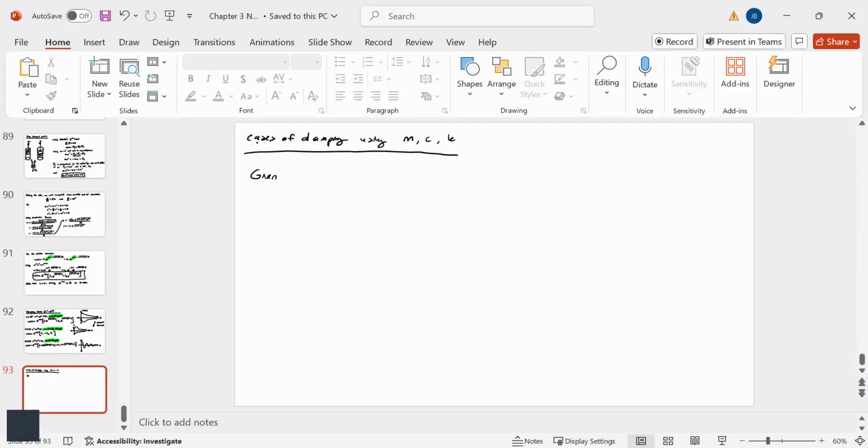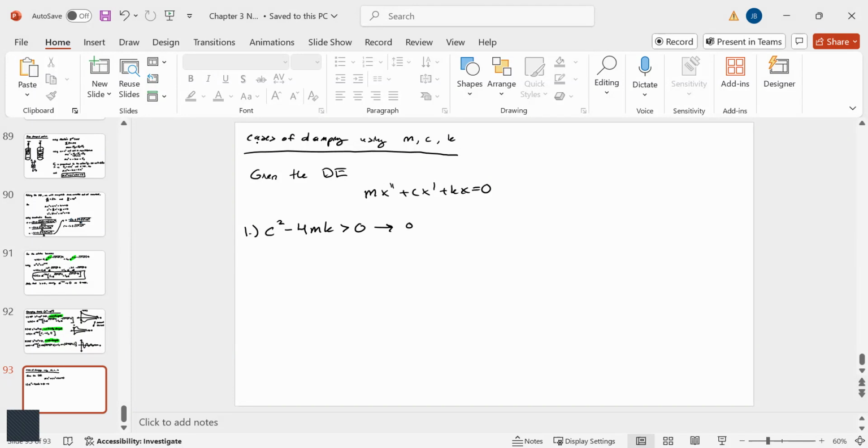So given the differential equation mx double dot plus cx prime plus kx equals 0, we would say, let me make sure I get this correctly, C squared minus 4mk greater than 0.